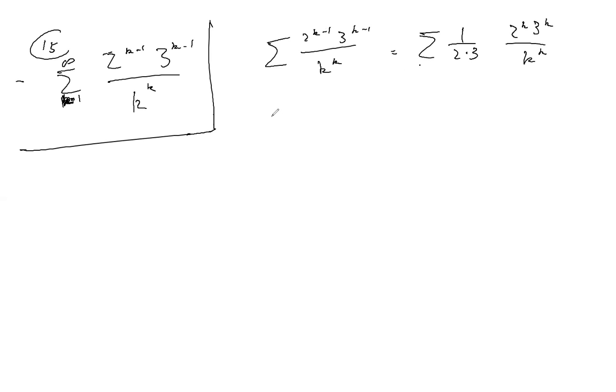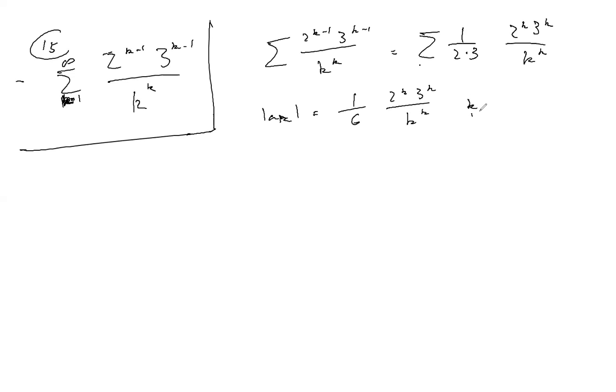So I would say, okay, let absolute value. Now let's try root test on this. So, okay, I'll say a_k equals 1 over 6, times 2 to the k, 3 to the k, over k to the k. Then I would say, okay, well, let's see, since we're dealing with k's, that should be k.